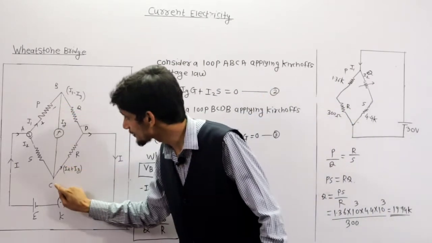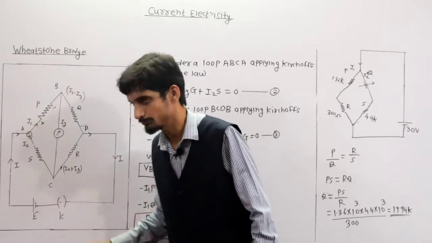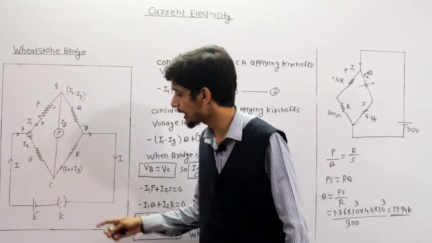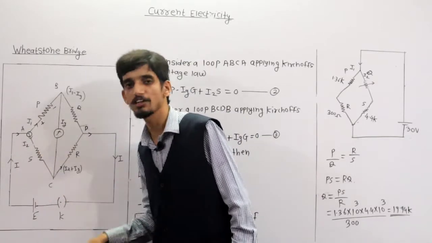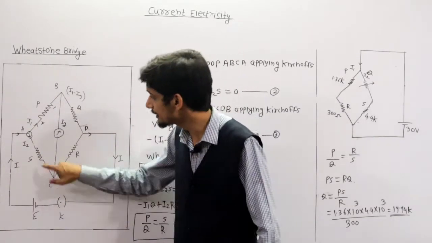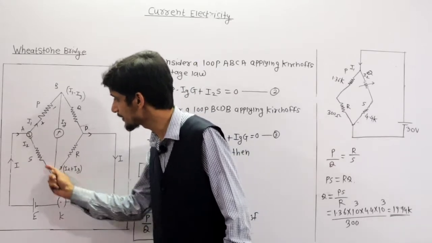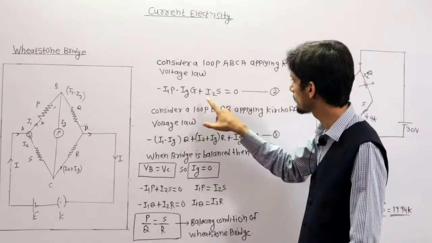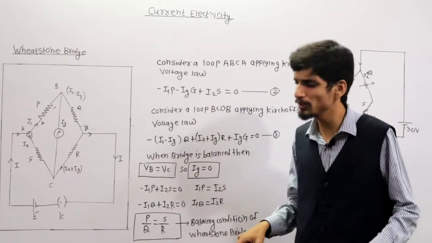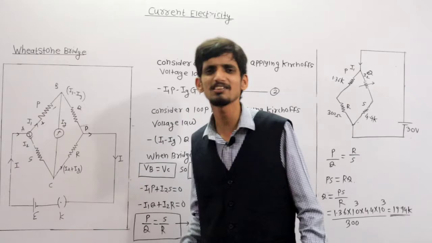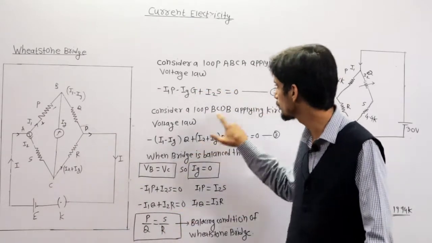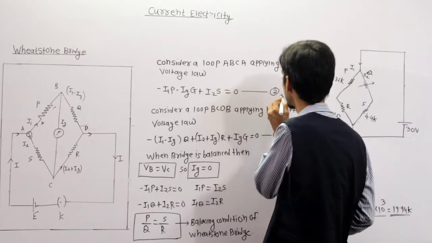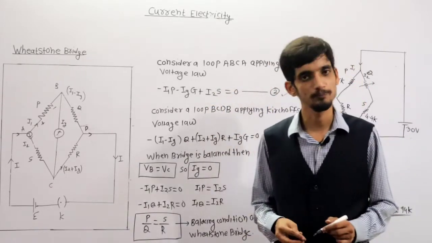Now if I am going from C to A, because I have to trace the loop from A to B, B to C and C to A. Now from C to A, my direction and the current direction are opposite, because current is flowing from A to C, but my tracing direction is from C to A. That's why I have to take the plus sign. That's why here plus I2 into S. Why I2 into S? Because the current is I2 and the resistance is S. That's why it is I2 into S equal to 0. So in this way you have to apply Kirchhoff's voltage law.